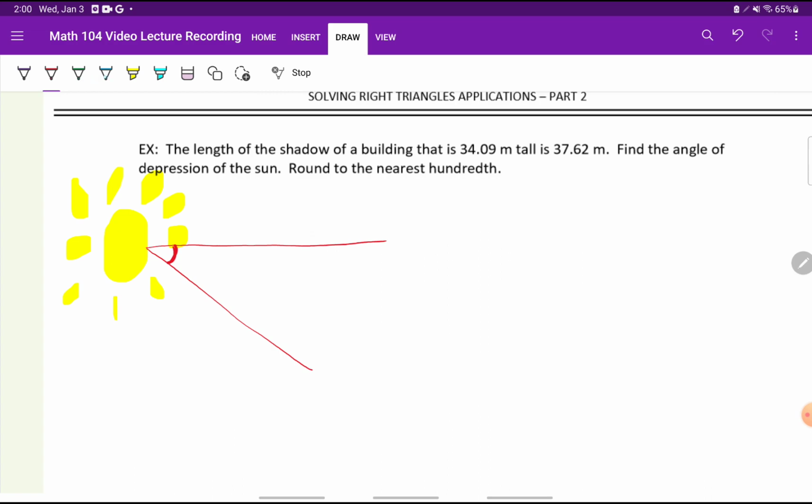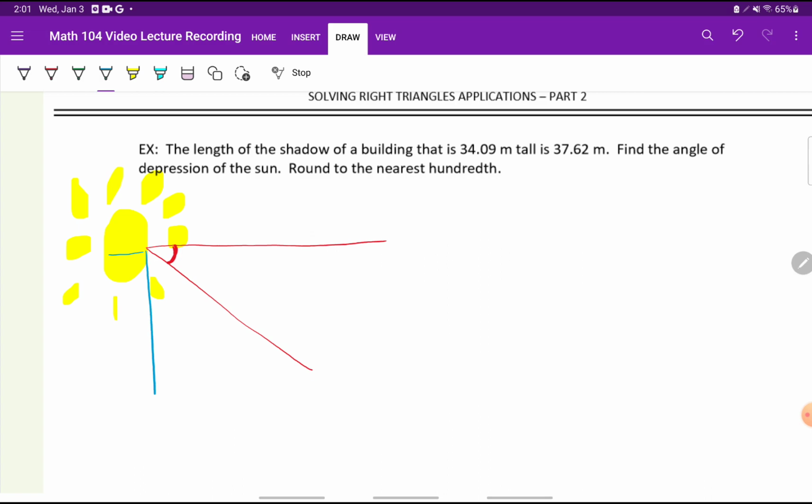All right, so we have a building that is casting a shadow. So this building, I want to put it up here. So like here's our building. I know the sun isn't exactly where the building is. It's up in the sky, but it's looking down and it's casting the same angle.